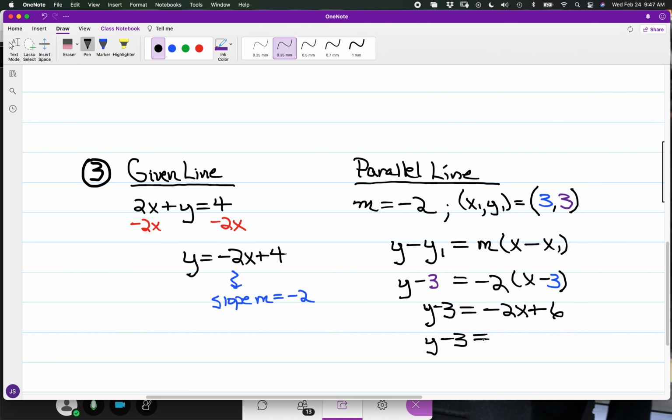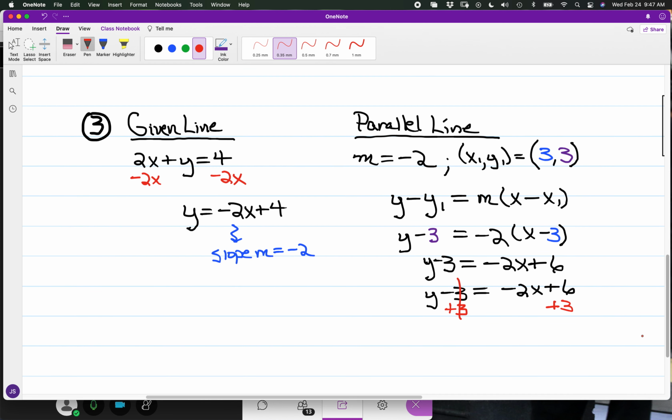Getting y by itself, we add 3 to both sides, and so we have that y is equal to -2x plus 9. And that is going to be the slope-intercept equation.